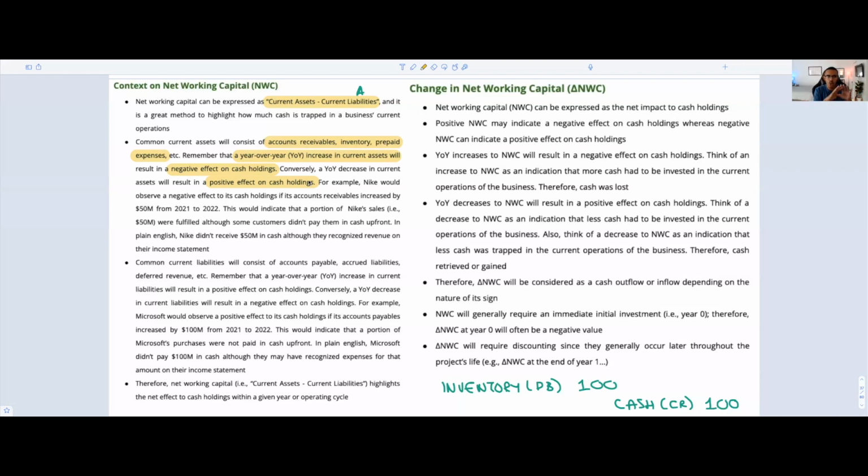So we're short $50 million in cash that we don't have, okay? That's important. So in plain English, if Nike has an increase in their accounts receivable by $50 million, that means that Nike did not receive $50 million in cash, although they recognized that revenue on their income statement. And that's really what the first portion of our net working capital formula tries to highlight. Okay, very important to understand that.